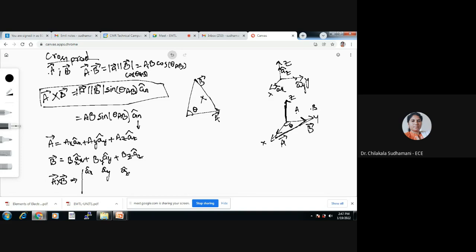Then write the magnitudes of the two vectors: AX, AY and AZ. Next, BX, BY and BZ. This is the formula for calculating the cross product of any two vectors. Clear, ma'am?